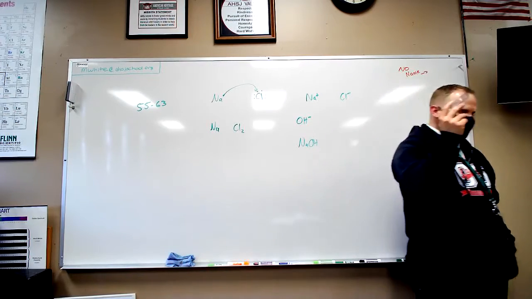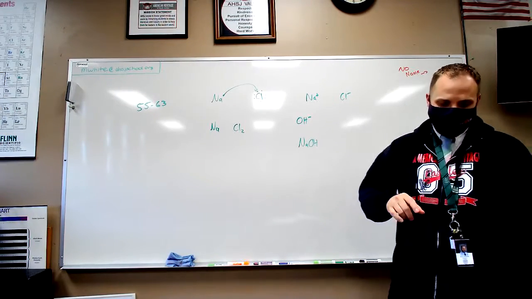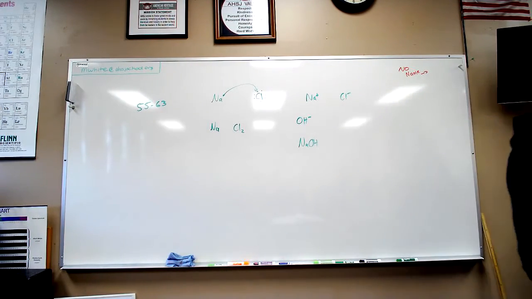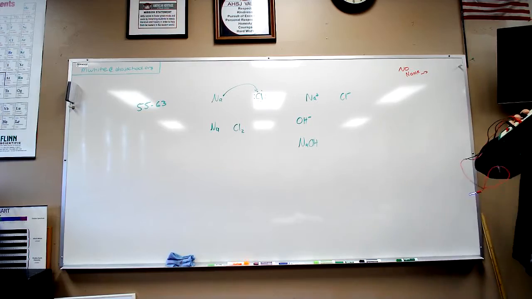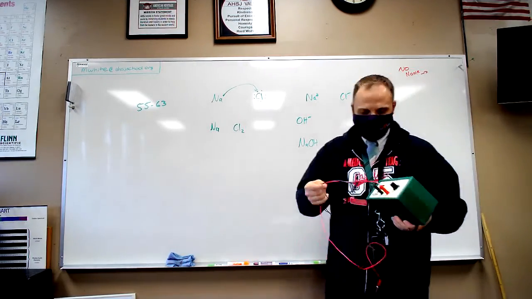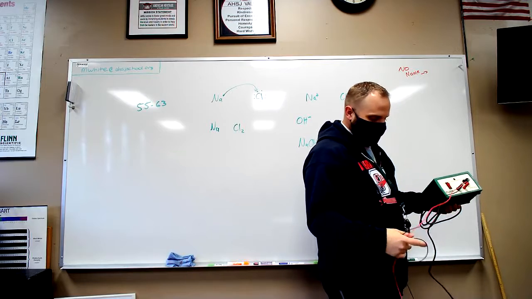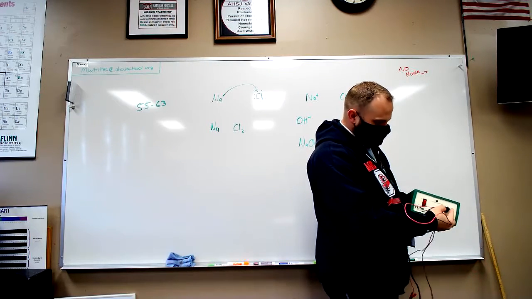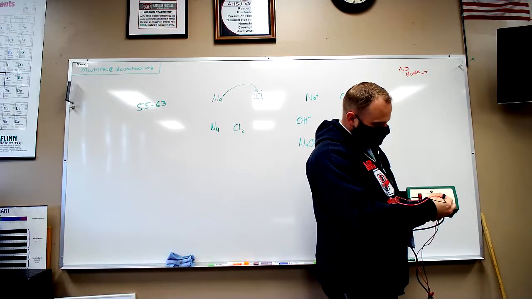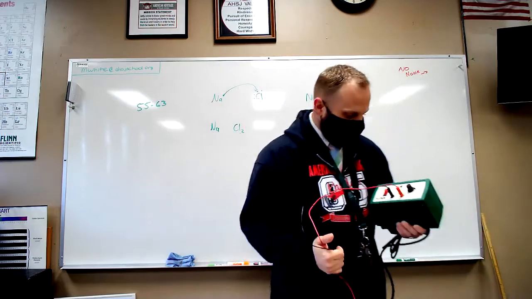Now, the instructions say that we're going to be using 9-volt batteries. Instead, we're going to be using our battery eliminator. Basically, it plugs in and it acts like a battery. This little dial here goes to different voltages because this was designed for 9 volts.